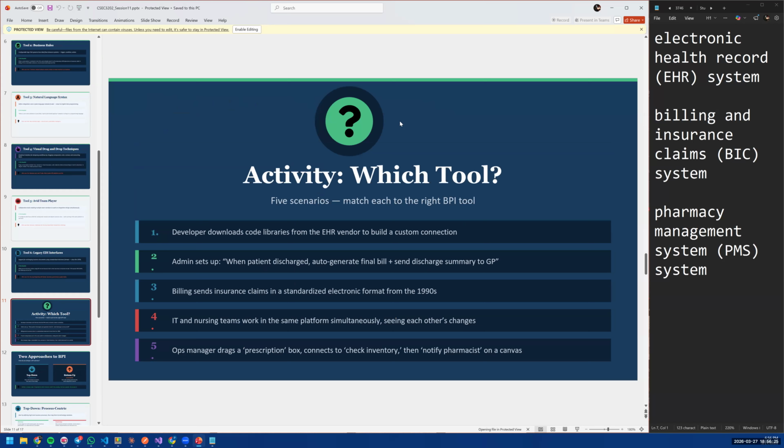All right. Well, since we got that one out of the way, the rest of them you should be able to help answer. I also got scenario number 2. We will have a clinical administrator set up a rule that says when a patient is discharged, automatically generate a final bill and send a discharge summary to their GP, or general practitioner.